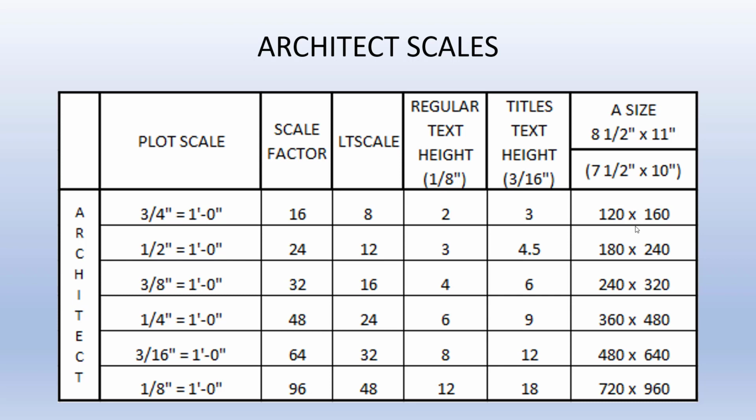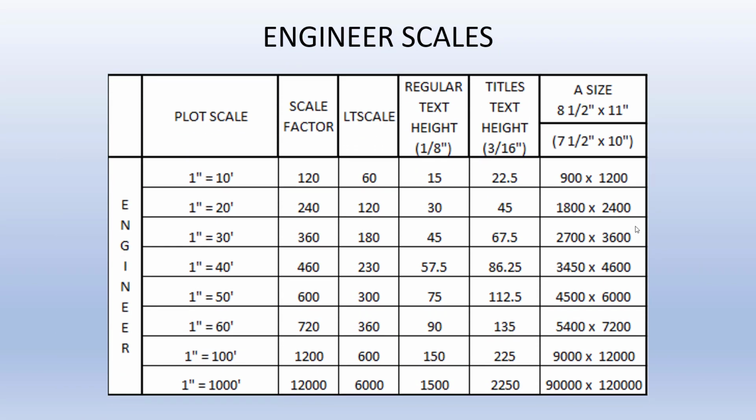These are used for drawings that are larger in size than the scale factors in the previous chart. The last scale table is the engineer scale, and as you can see, it shows scale factor numbers higher than the previous two scales, which means it is used for drawings covering a much larger area than the previous plot scale tables.